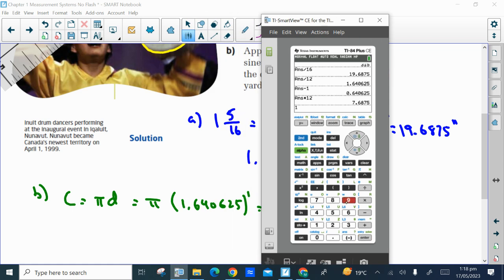I had 19.6875 inches that I divided by 12 to convert it into feet. Did I copy that down? 19.6875 divided by 12.